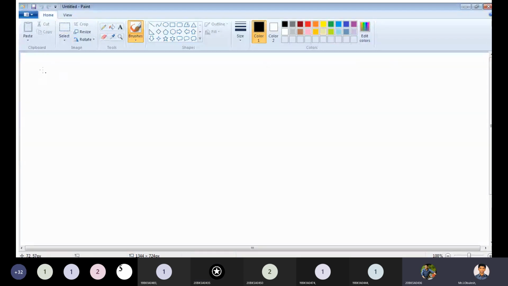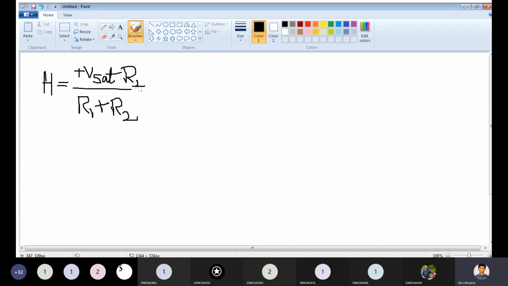Fine. Substitute those two values in this equation. H is equal to plus V saturation into R2 divided by R1 plus R2, minus, minus V sat into R2 divided by R1 plus R2.